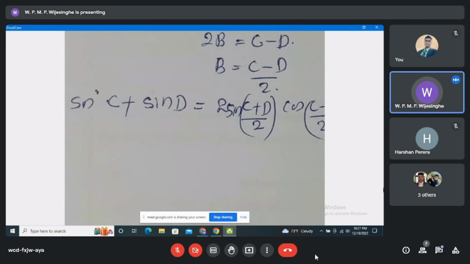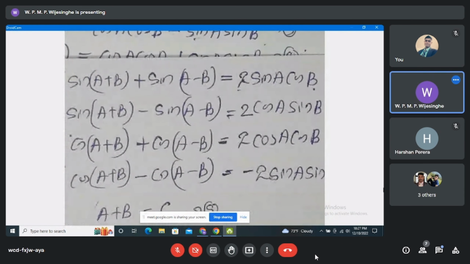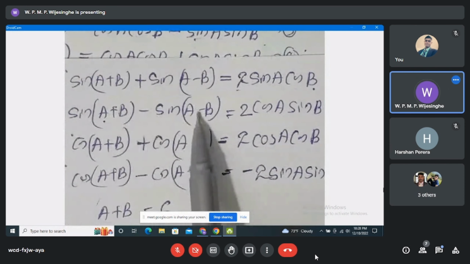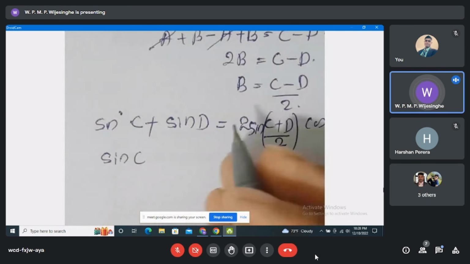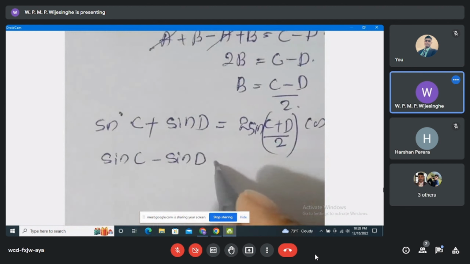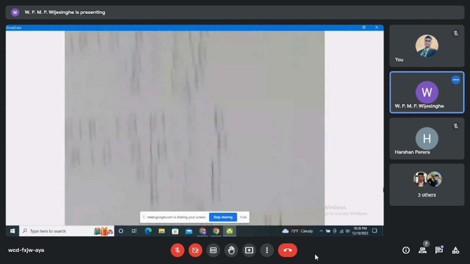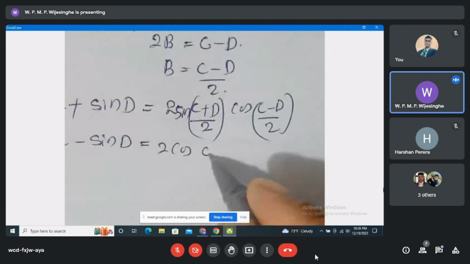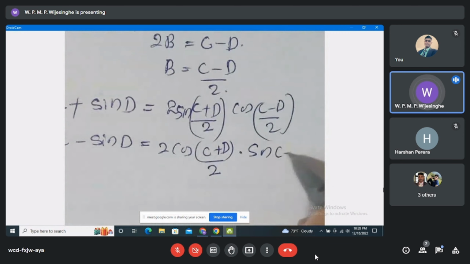Likewise, here also sin C minus sin D. Sin C minus sin D is equal to 2 cos A sin B. Cos A means C plus D divided by 2, sin B means C minus D divided by 2.